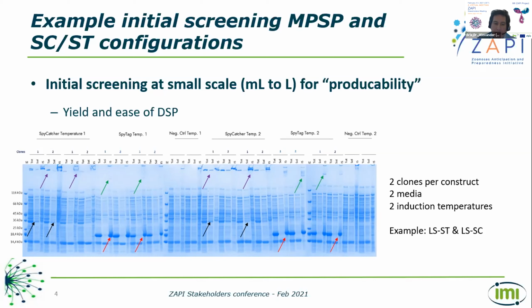And we basically had screening done with very standard parameters, 2 clones per construct, different media, different induction temperatures, excuse me, to see which of those combinations are actually producing, which can we take further into a later development. And this was all done in milliliter to liter scale. We did not focus too much yet on the DSP, but next slide, please.